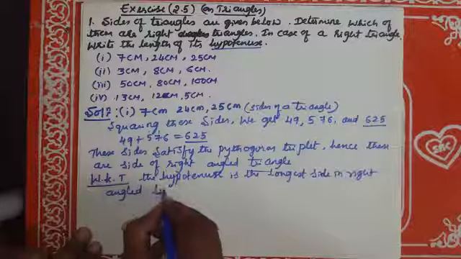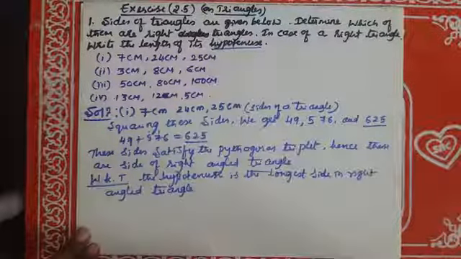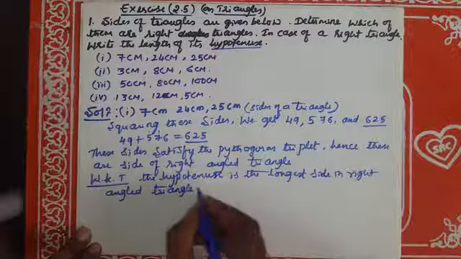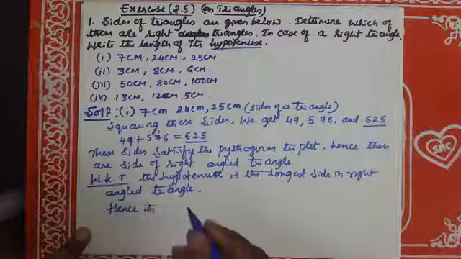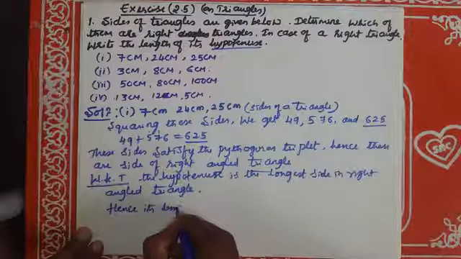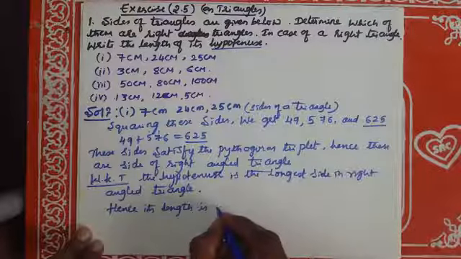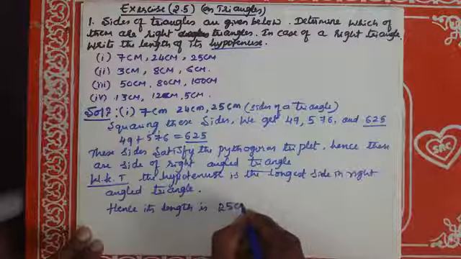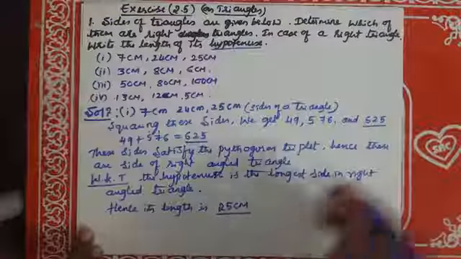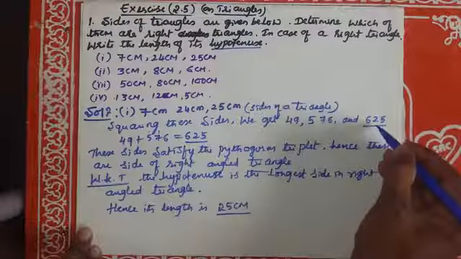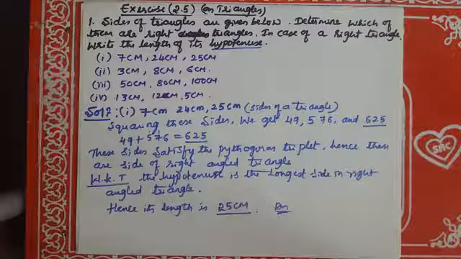Hence its length is 25 centimeter, because the square of 25 is 625. Okay, this is the right answer.